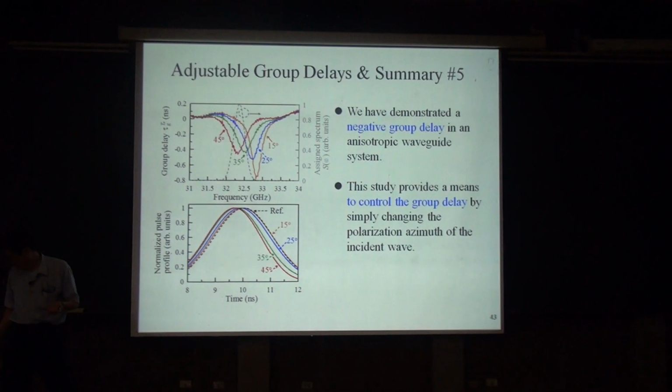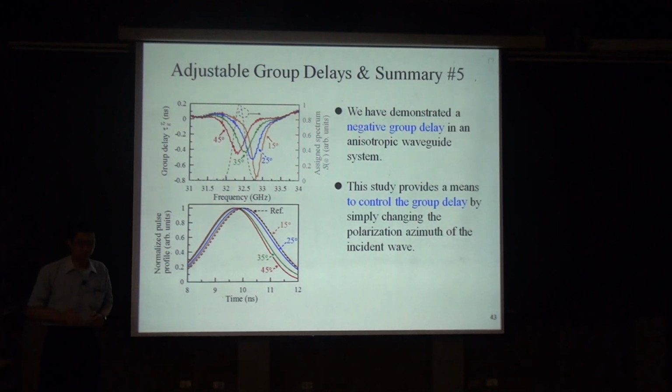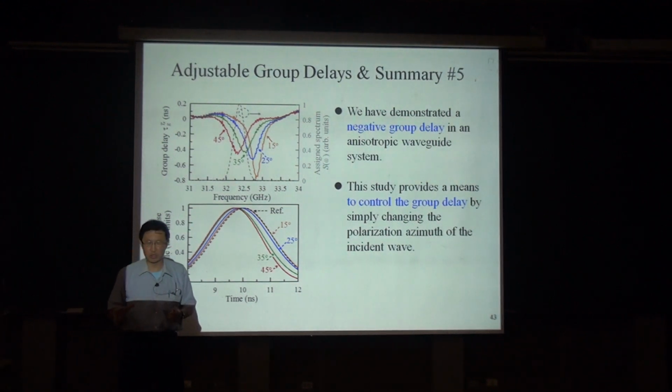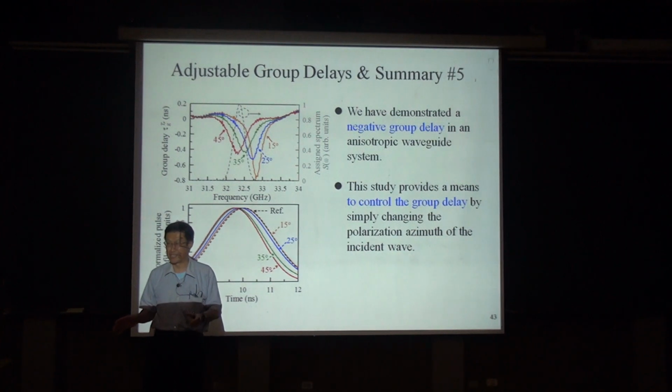But do you have a measurement? In this case we have no time domain measurement, because we have confidence that the frequency domain and time domain are closely related. In this case we don't need to perform the time domain measurement. The major difficulty is to generate a time domain wave packet. It's not that easy.